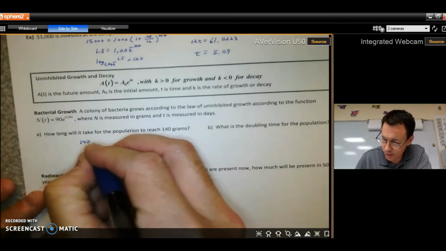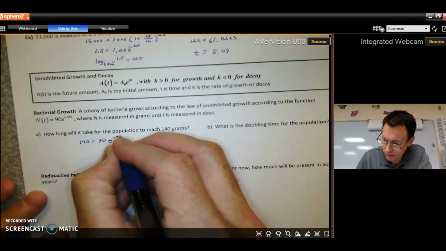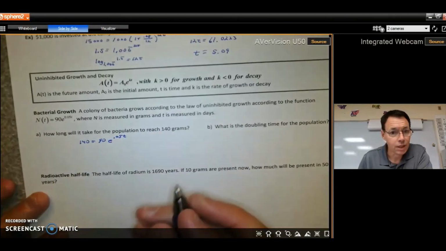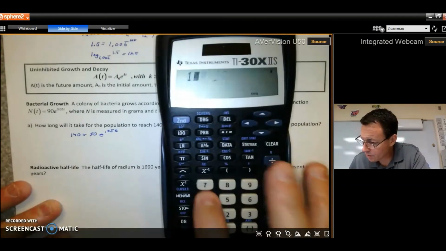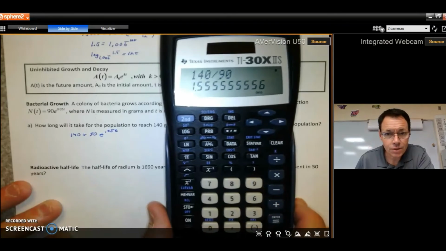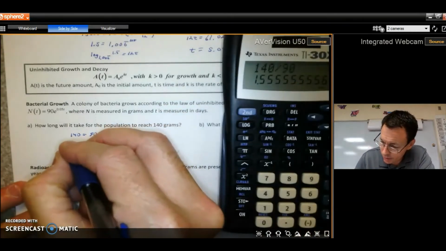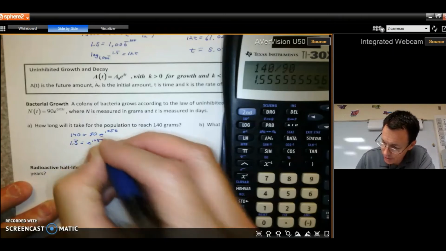So 140 equals 90 e to the 0.05t. Just like what we did with the money, we're going to divide by 90. So 140 divided by 90 looks like 1.5 repeating equals e to the 0.05t.